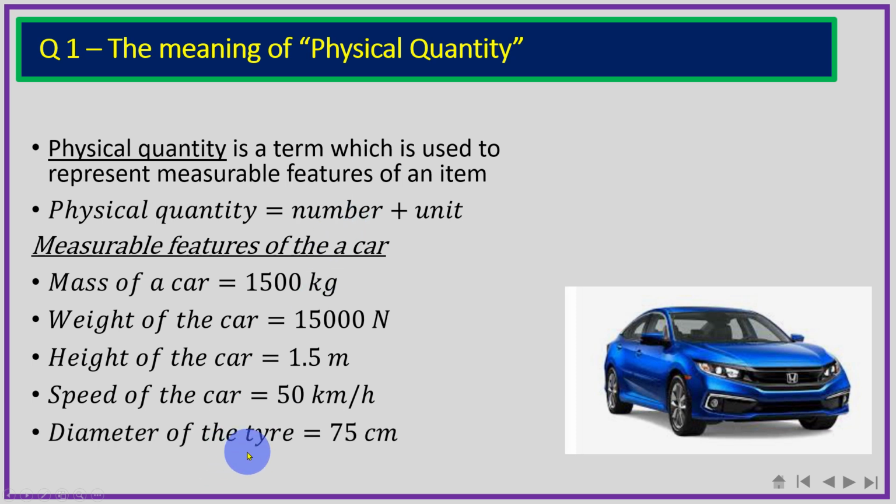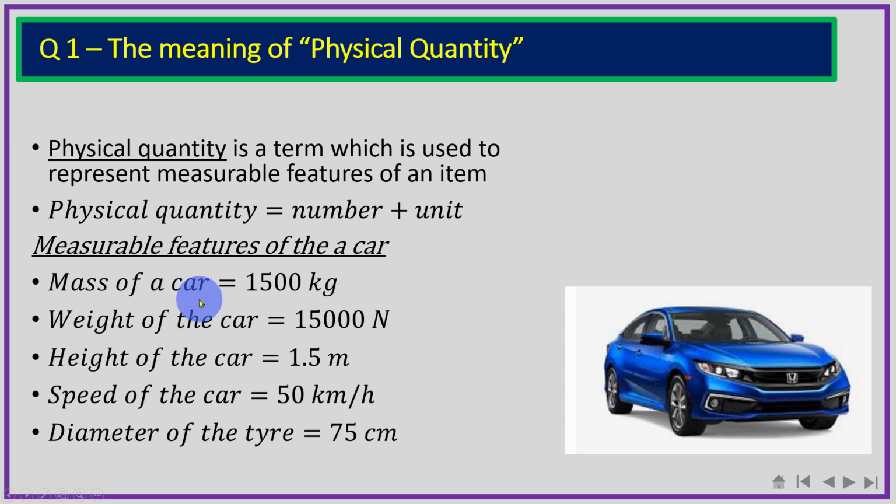We can also measure the diameter of the car. We can see that we are giving the number and the unit. So in our previous question, meter was the unit. It's not a physical quantity. The physical quantity in this case is mass, weight, height, speed, diameter, and so forth. The item, you can see, is the car.